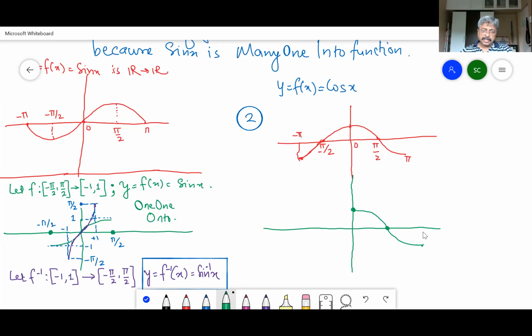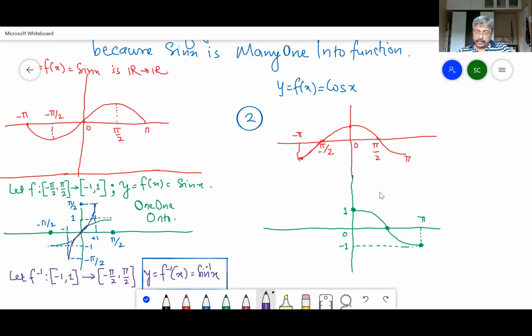This green is my cos curve from 0 to π. Dark circle means it is part of the graph. This is 1. Okay. Now we are supposed to reflect in y is equal to x.